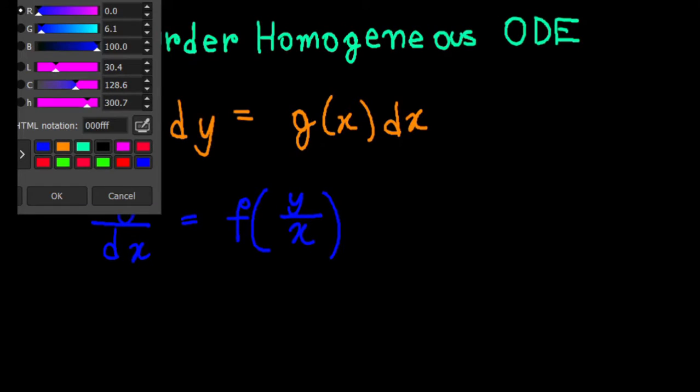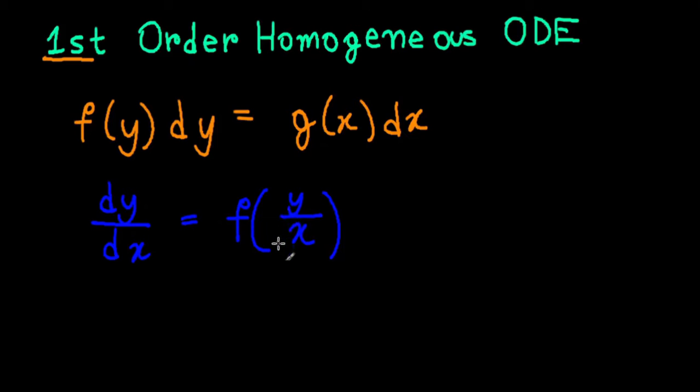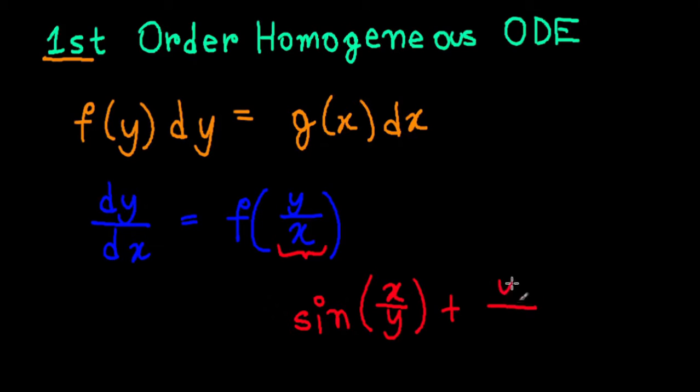It basically means that it's a function where the terms in it you can express all of them as y by x. Suppose say, like sine of x by y plus y squared by x squared. This would be a valid function of y by x. Why?